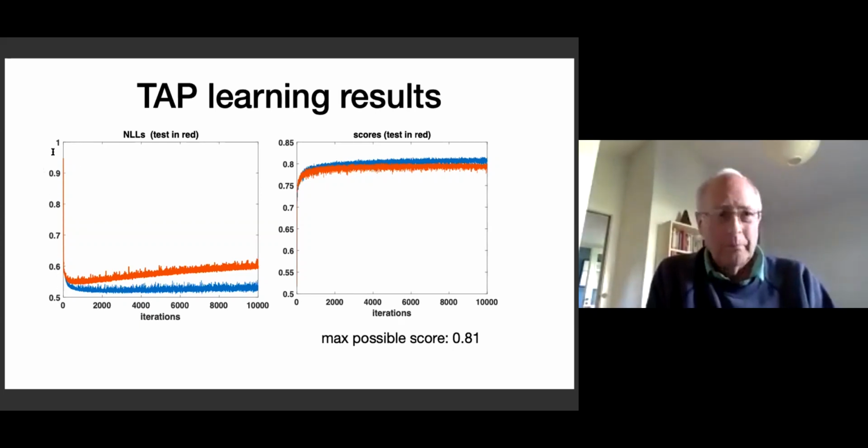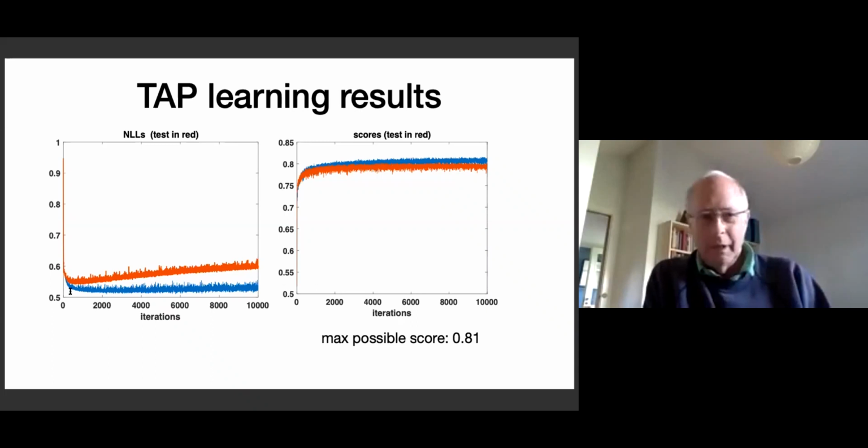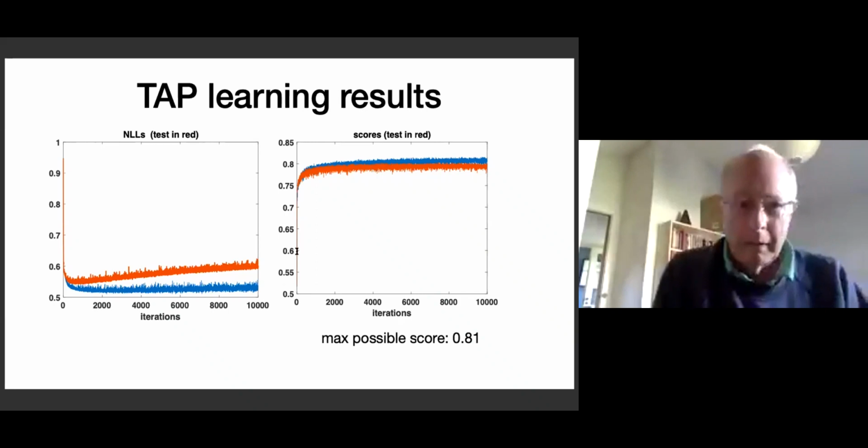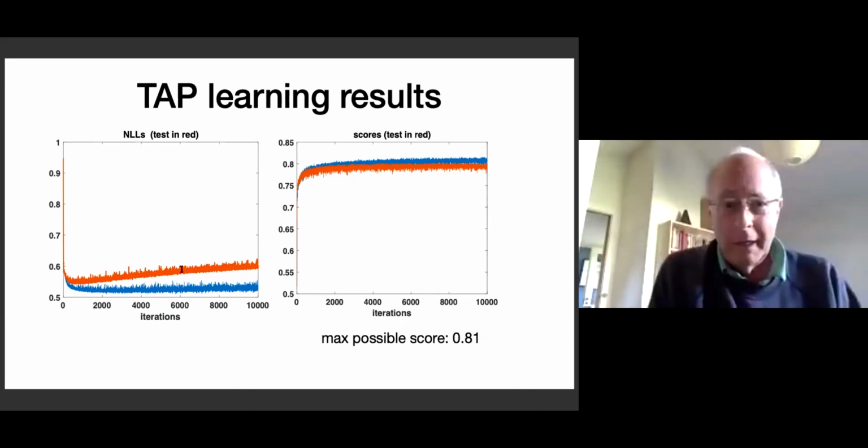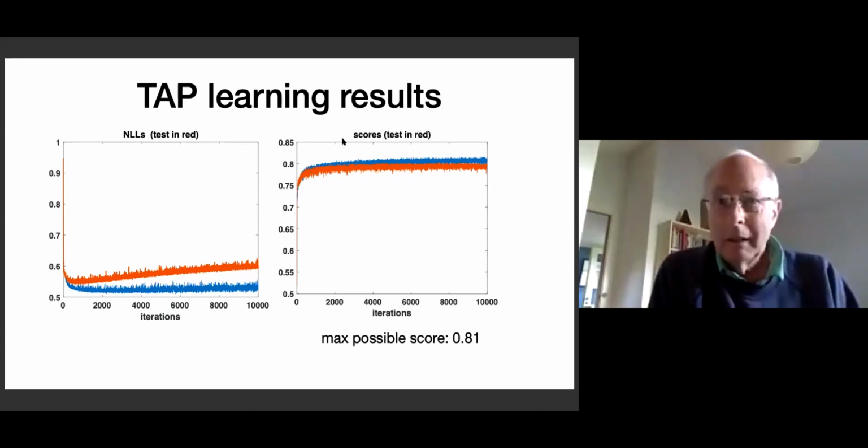So random performance would be 1. Perfect performance would be 0. You can see we were a little over a half here, so it doesn't look like it's that good. The red line is the test set and the blue line is the training set.